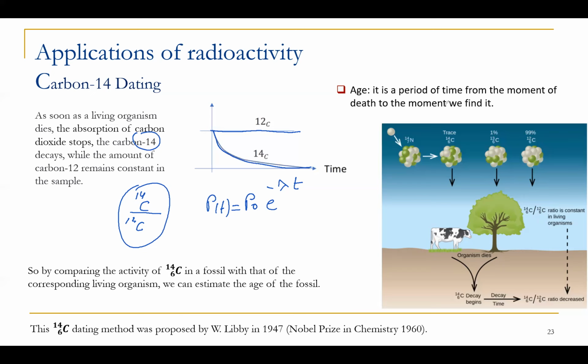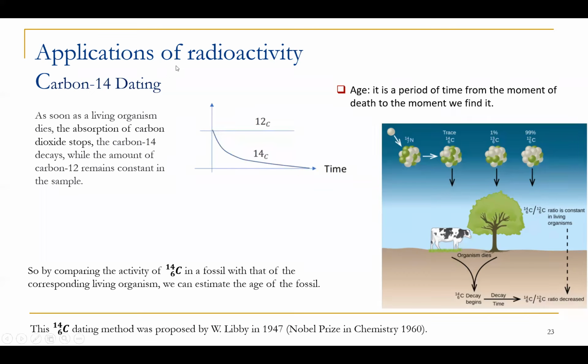After the death of the living organism, we start with the age. We calculate the age up to the moment we find it. This age can be calculated by the isotopes C14 and C12. Okay? We can solve a simple problem to explain this point.